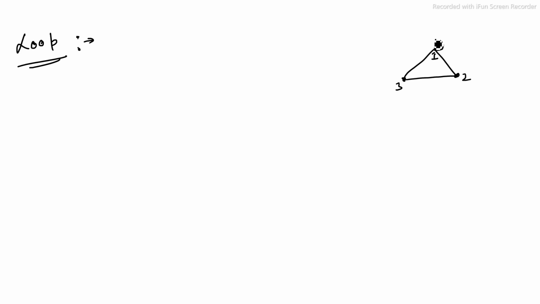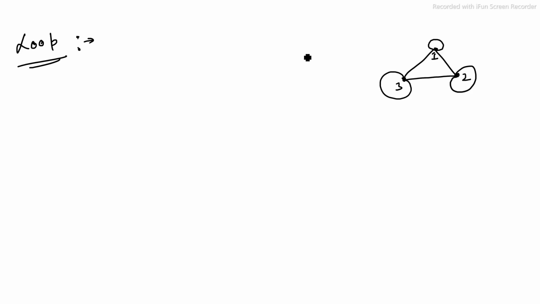If any vertex has this type of edge, this is also an edge, where the starting and ending vertex of this edge are the same. That's why it is called a loop.